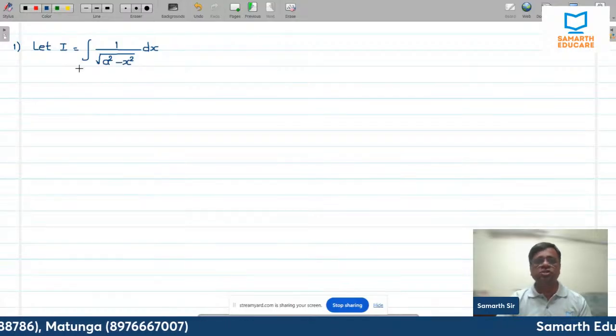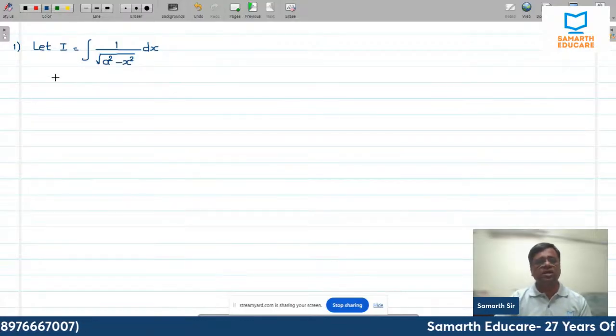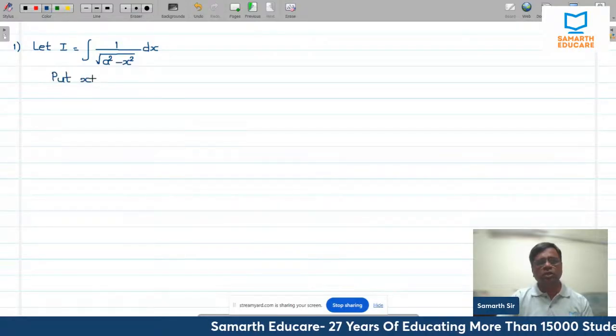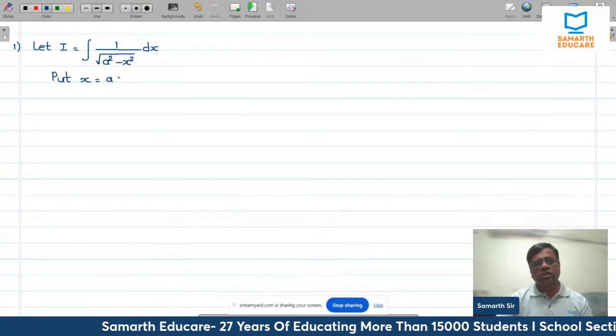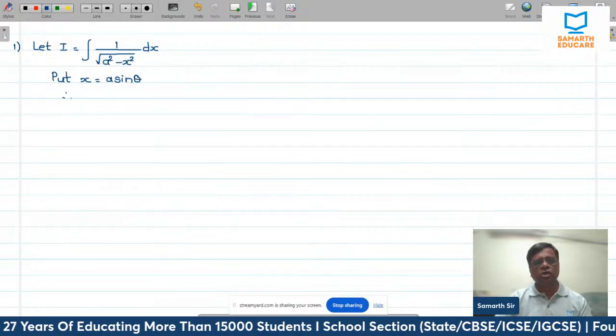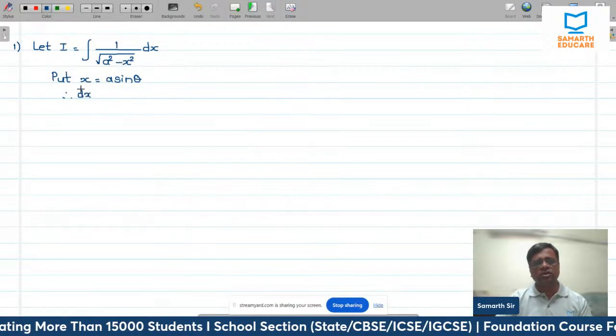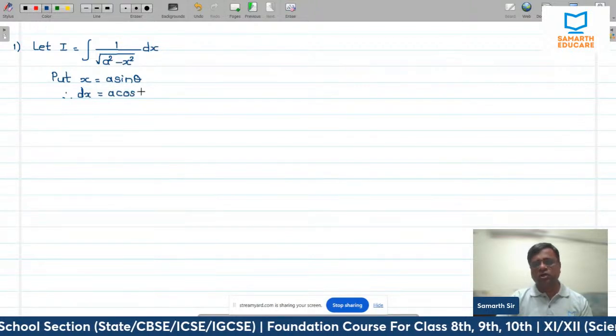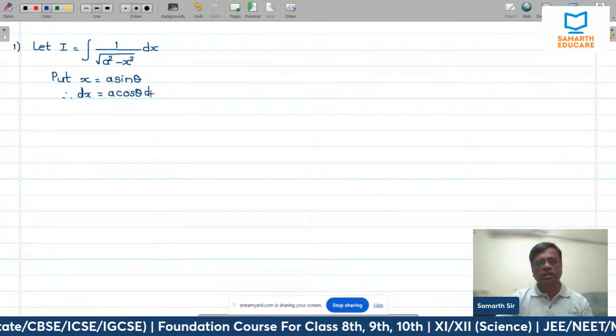The same substitution continues. If there is a square minus x square, what we do is put x equal to either a sine theta or a cos theta, but in the maximum number of cases we consider a sine theta. So if I take the derivative, dx is a cos theta d theta.